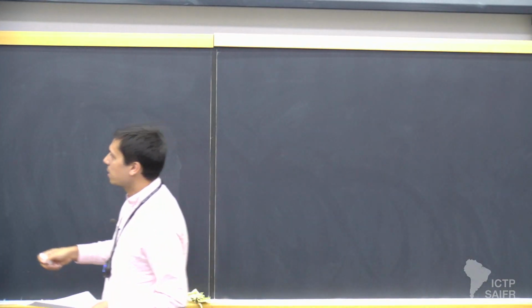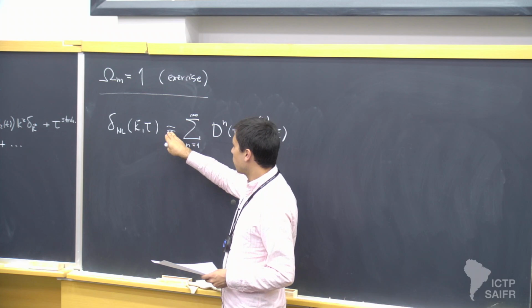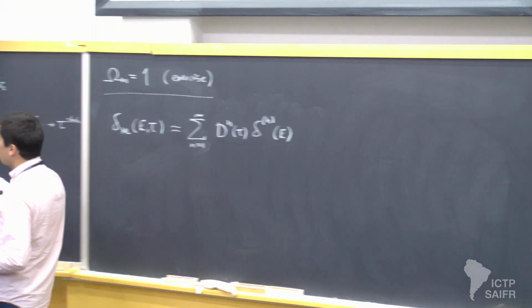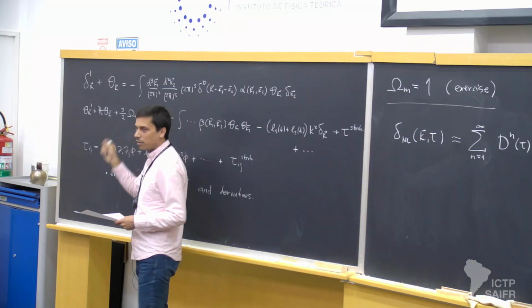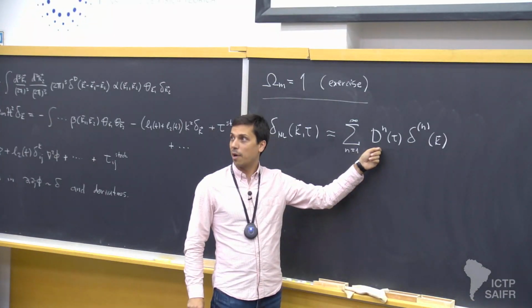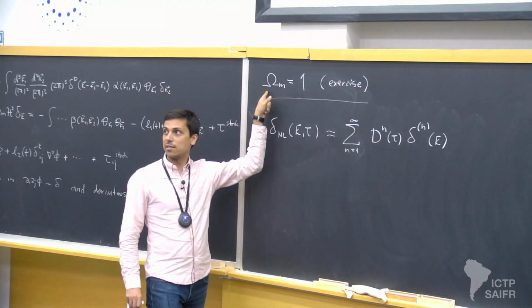And so now the question is, why is this approximately true? Well, it's approximately true because equations are complicated, and it is not true in general that the nth order will be proportional to the growth function to the nth power, because you have to be a bit more careful when you're solving these equations. This is true only in Einstein-de Sitter.